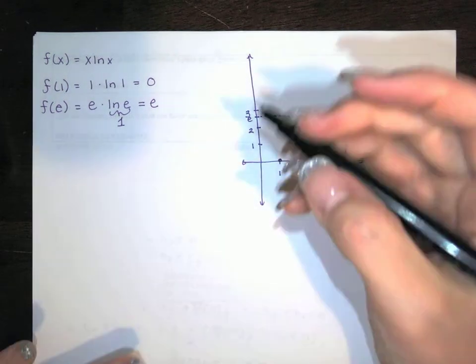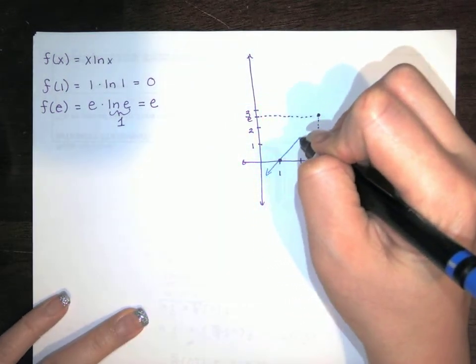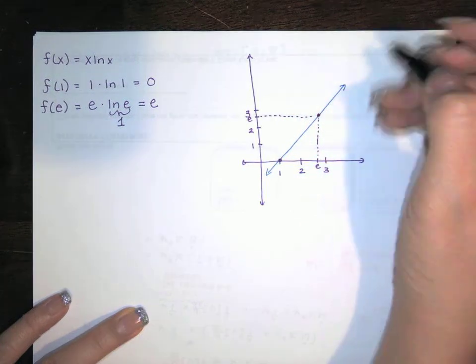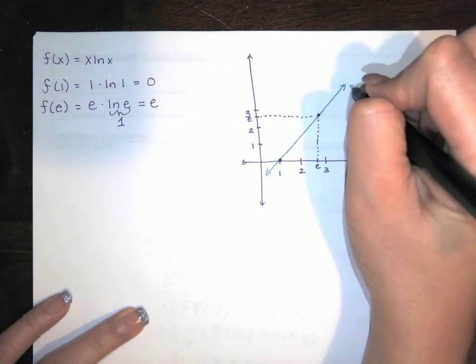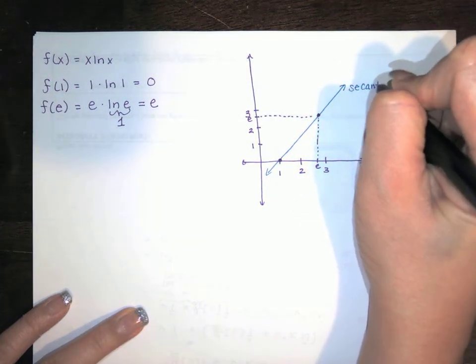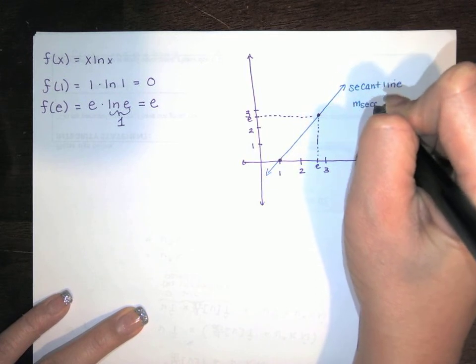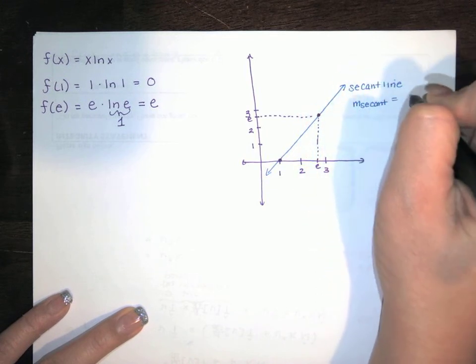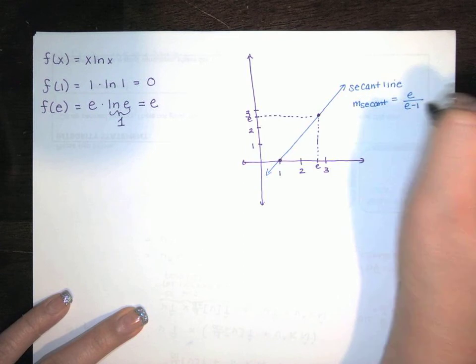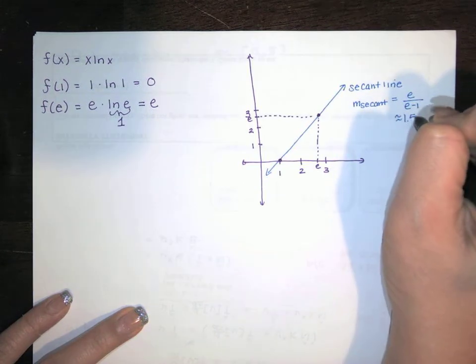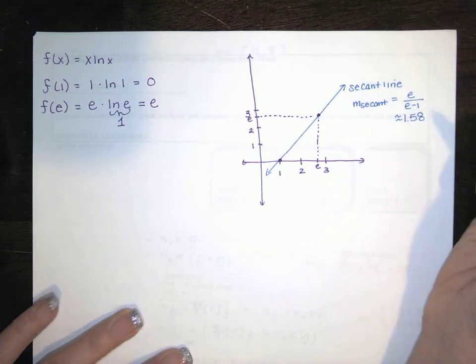Then we said, hey, let's draw a secant line through that. And the slope of the secant, that's your average rate of change, was e divided by e minus 1, which is about 1.58.